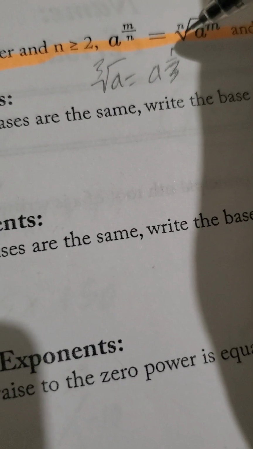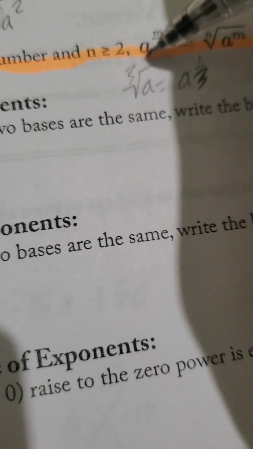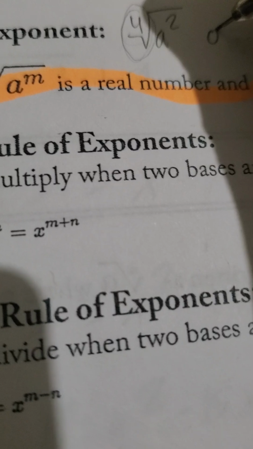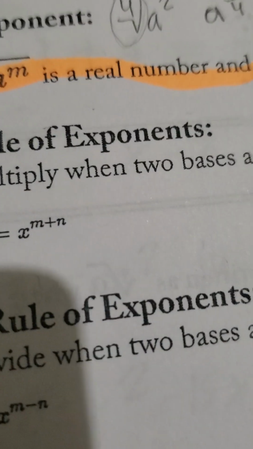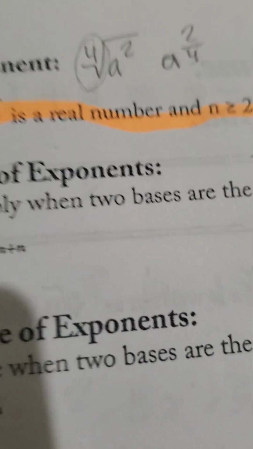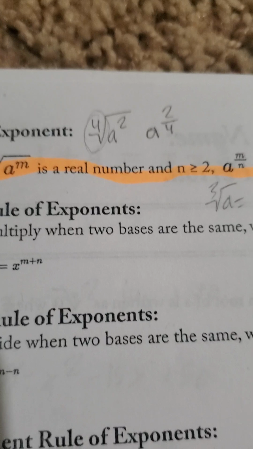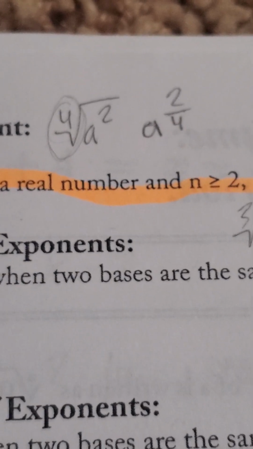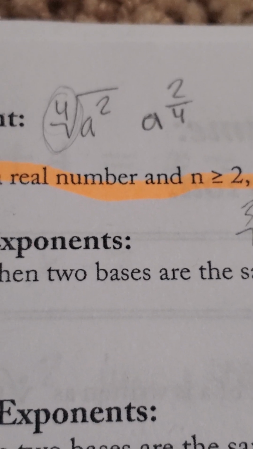Then this number, which is in the form right here, is equal to this form, which would be a to the 2 over 4. And if you want to be technical, that is technically a to the 1/2. These two numbers are equal. Do you see how we sort of rearranged these numbers? That's practically all that is being said with this really long sentence right here.